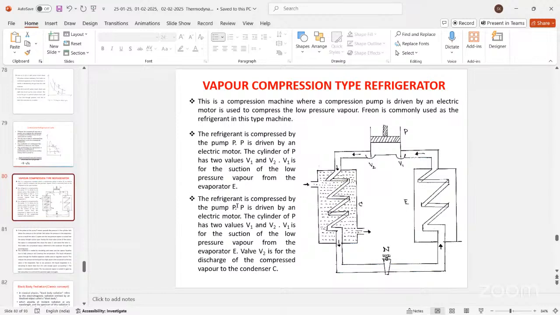Okay, the refrigerant is compressed by the pump P. P is driven by an electric motor.